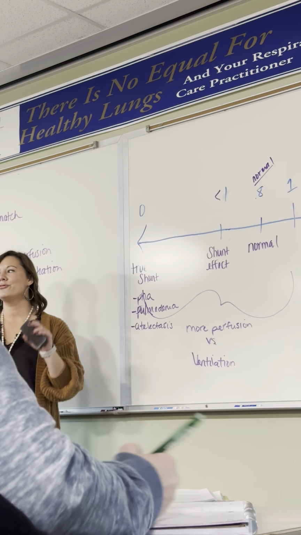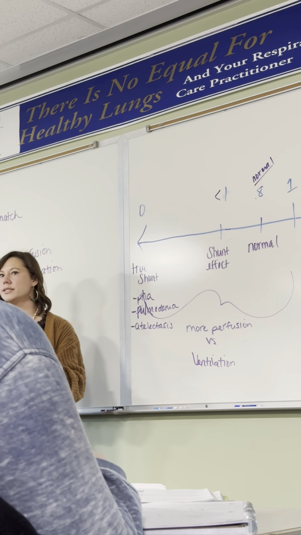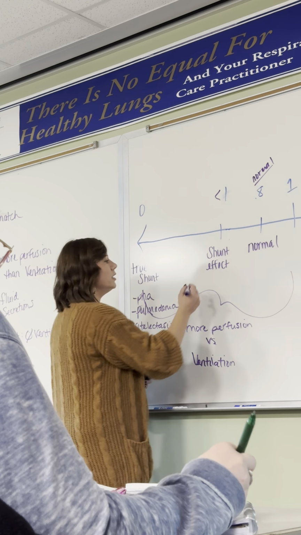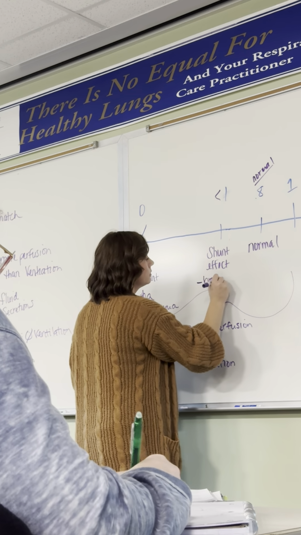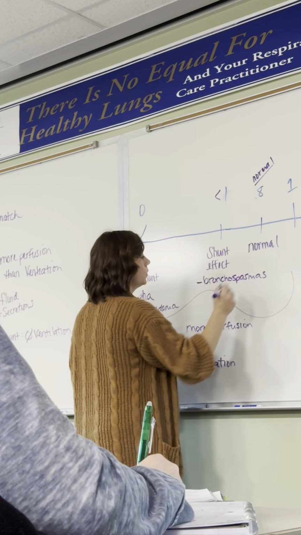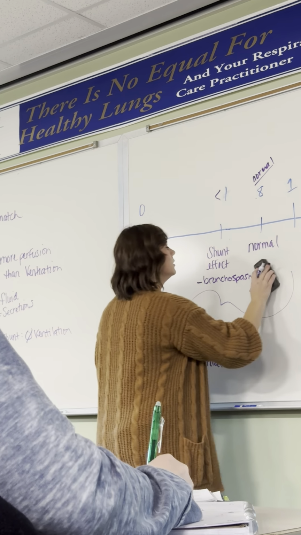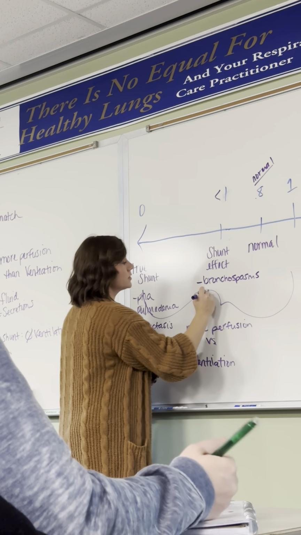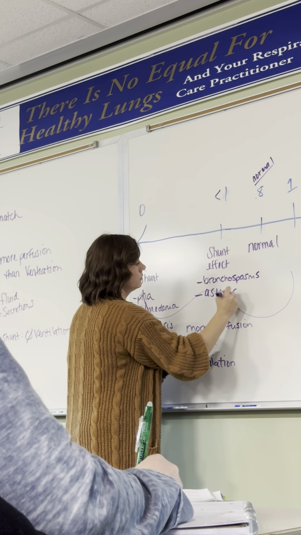So a shunt effect is gonna be something that's not quite shunting it completely, I guess. So that can be like bronchospasms, spasms. Like asthma, you can put down too.